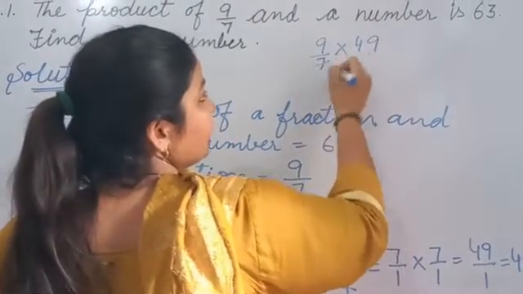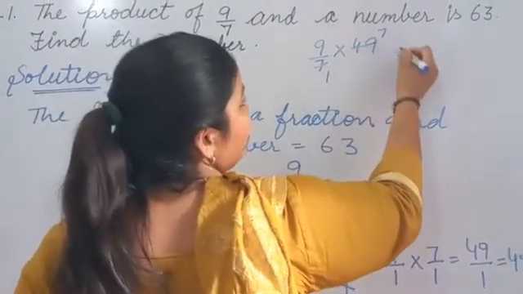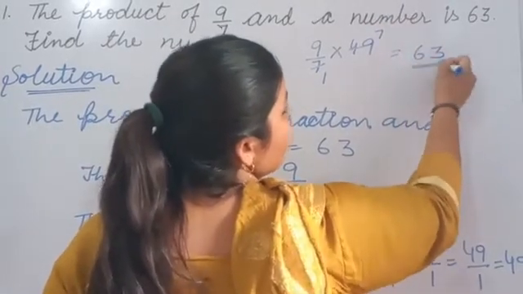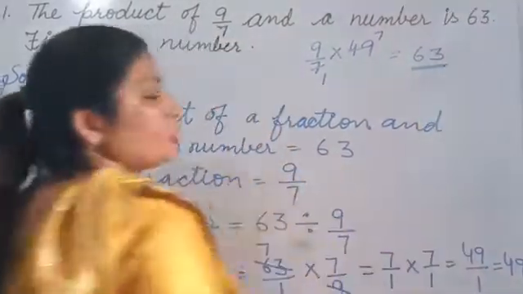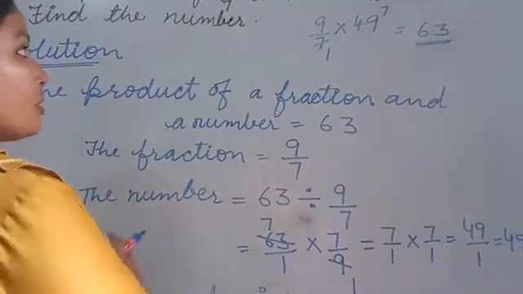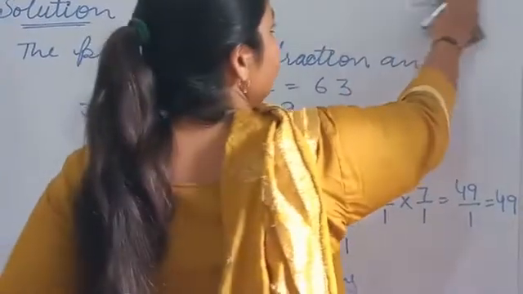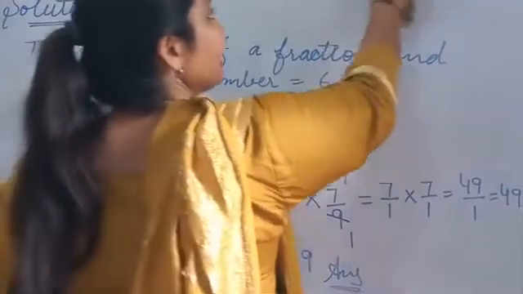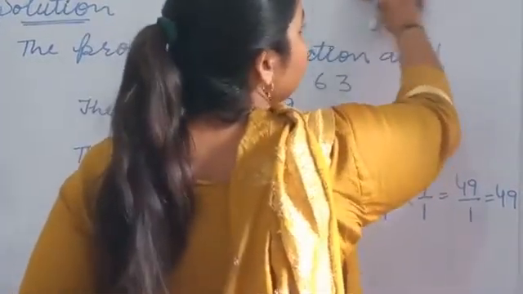So 7 ones are 7, 7 sevens are 49. Now 9 sevens are 63, and that equals your product. So that means your answer is correct. Like this you can verify also. But there is no need to show it in the question. You can check it in your rough notebook.